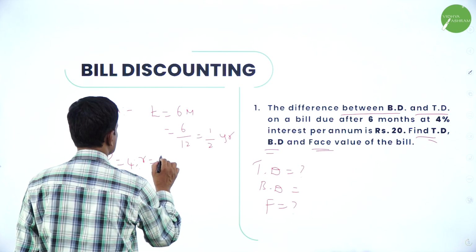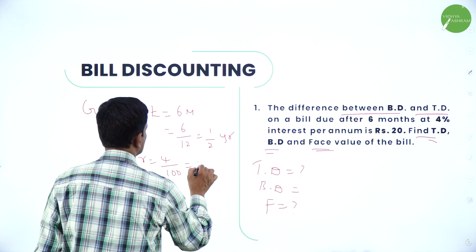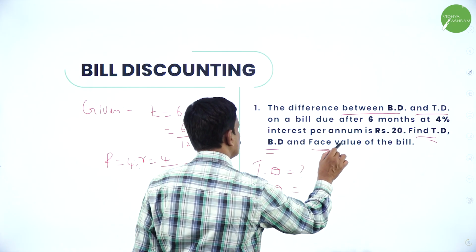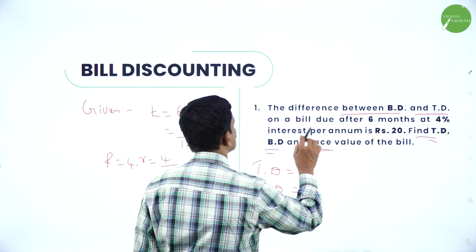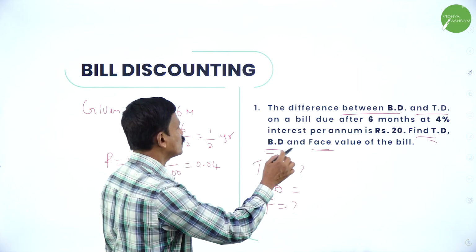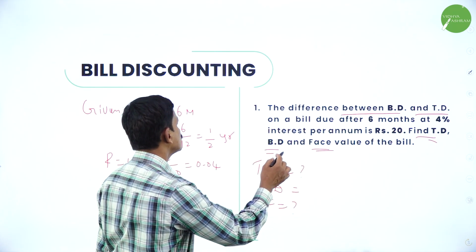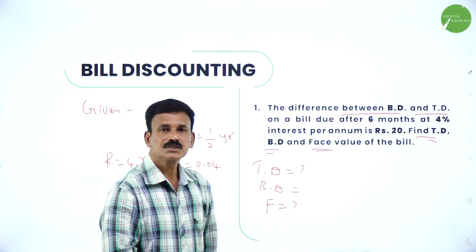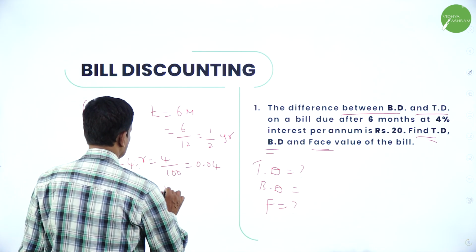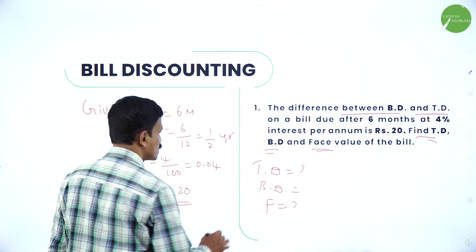So therefore R is equal to 4 divided by 100, that's equal to 0.04. The difference between the BD and TD on a bill due after 6 months at 4% interest per annum is 20. That means the banker's gain is given. The banker's gain is equal to rupees 20. So these are the given conditions.